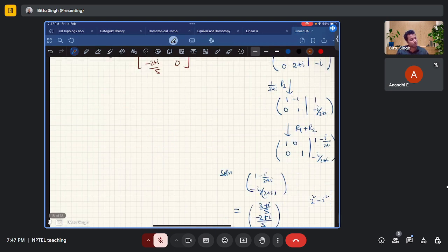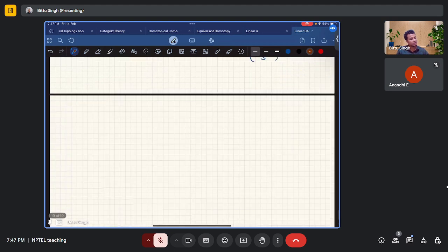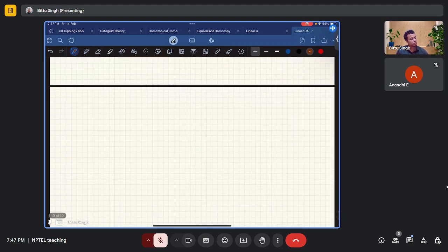Let me solve another matrix representation problem. So suppose we consider the linear functional trace.